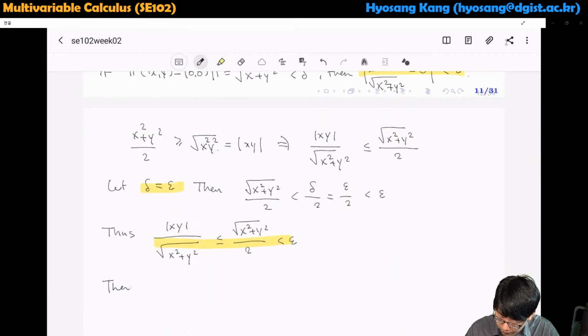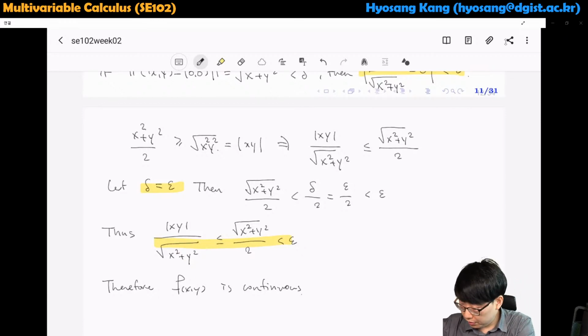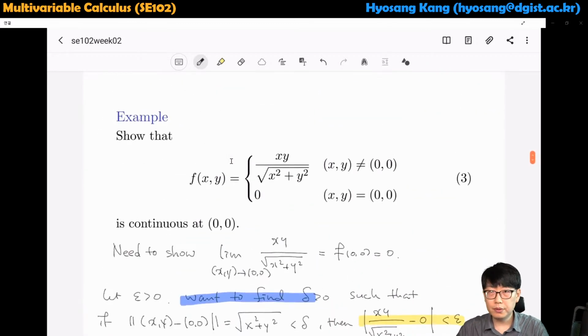Therefore f(x,y) is continuous. Okay. So let's try to draw the graph of this function.